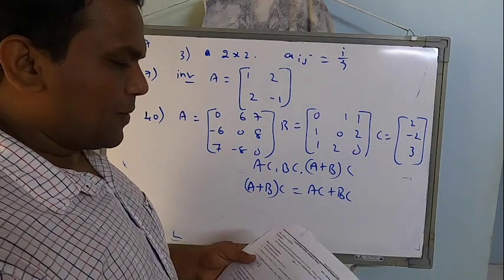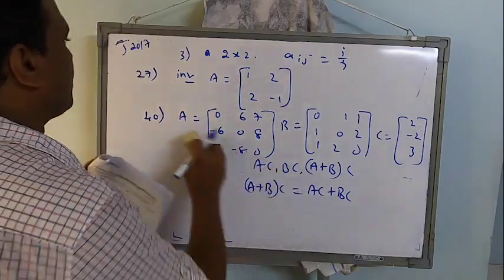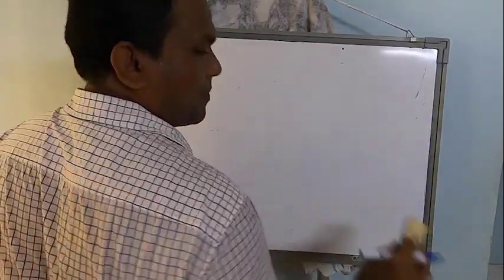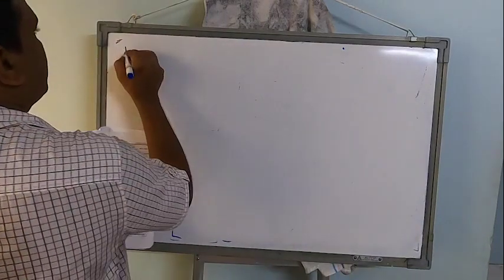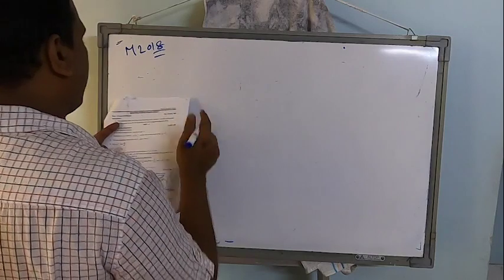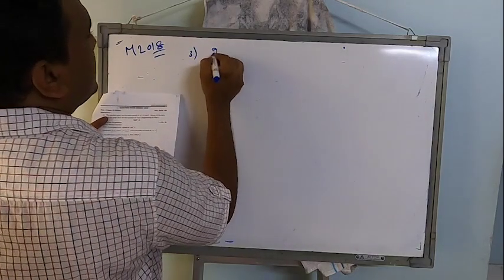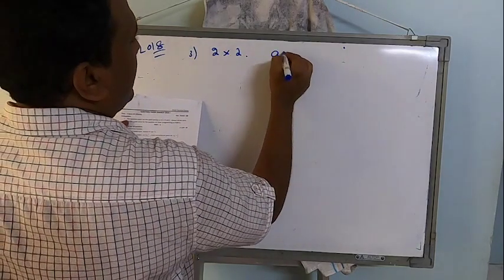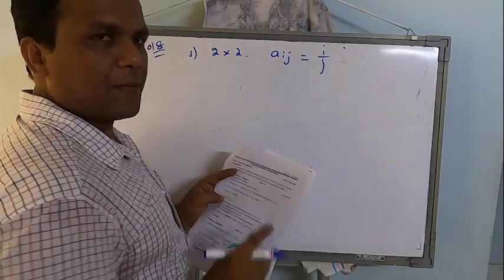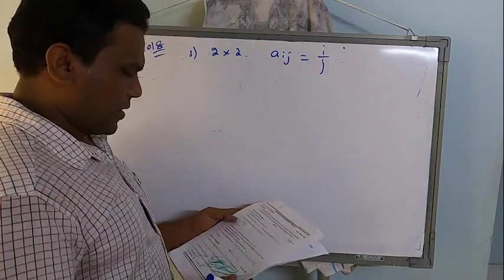Now let me go to the March 2018 paper. In March 2018, what was the problem given? For problem number 3, construct a 2 cross 2 matrix where Aij is equal to i by j. So for 1 mark, the repeated one. You can manage with this.